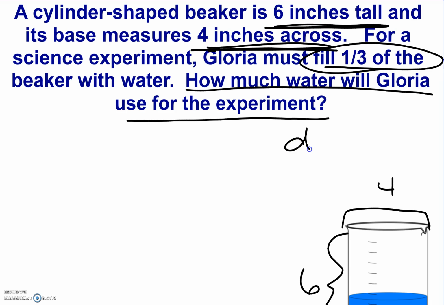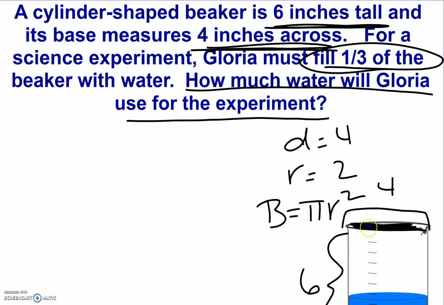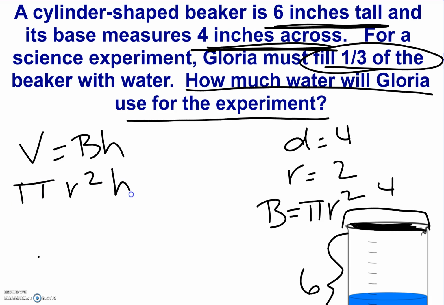So if D equals 4, R equals 2, area of the base equals pi r squared because our base is a circle. Volume equals area of the base times height. So pi r squared times the height.